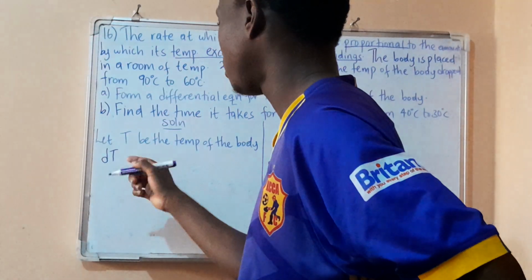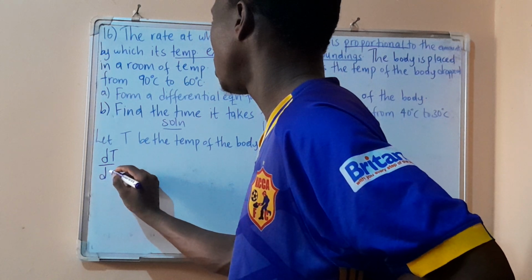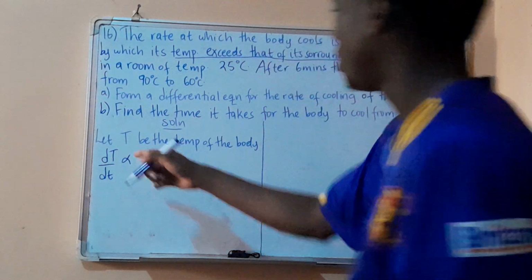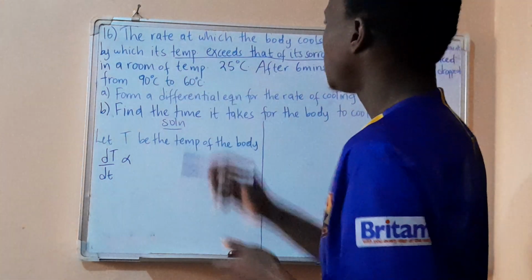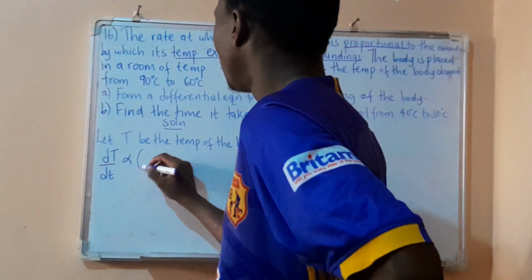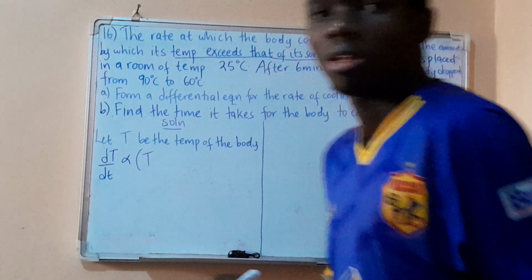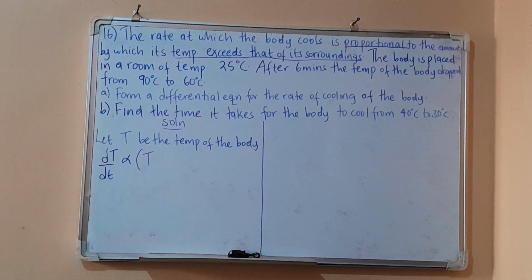As this body temperature varies, that rate is proportional to the amount by which the temperature of the body exceeds that of the surroundings.